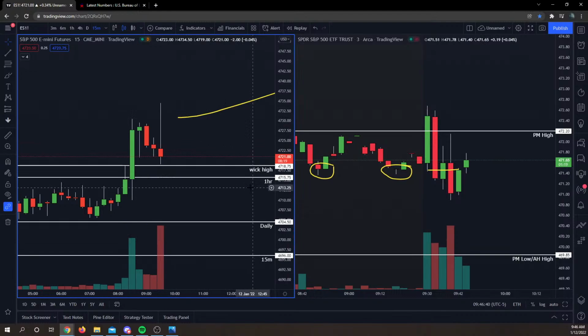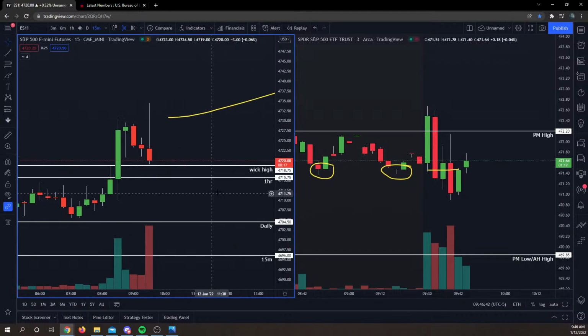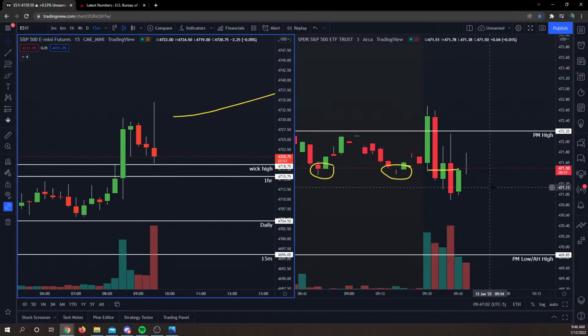Still anticipating 471.15 recycle. That being said, now might be a good time, right at this resistance level, support 471.50, I'm sorry, to take puts for a cycle to pre-market low. Pre-market low. We want to keep it tight here.